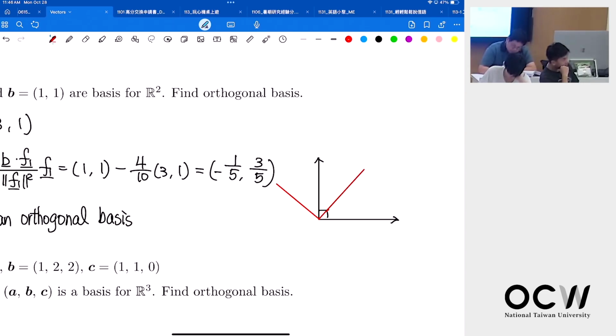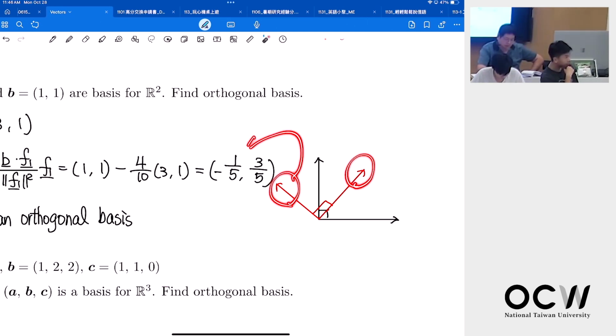So this is also 90 degrees, so it could also be an orthogonal basis. This probably is the example of this one: (3, 1) and (-1/5, 3/5).